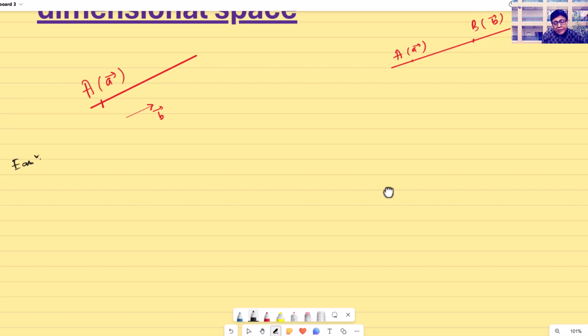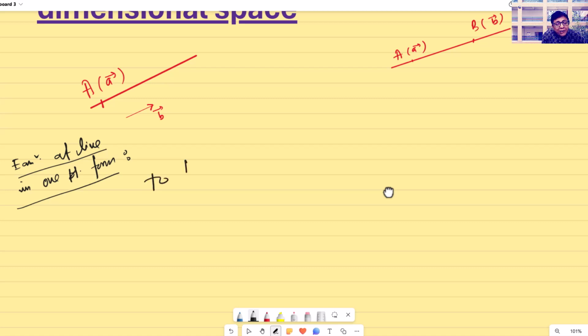So I'll name this one as equation of line in 1 point form. We'll always find symmetry with 2D. We know the slope and the point, that is referred to as 1 point form. Here we know the direction ratio and the point on the line, then we can find the equation of the line.